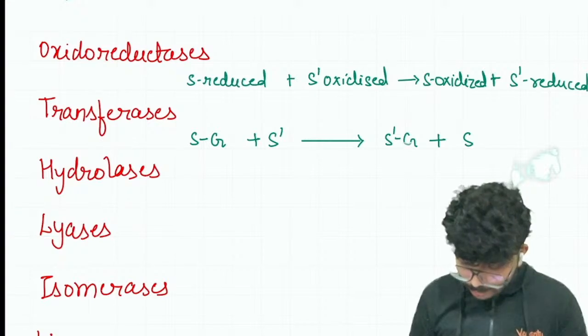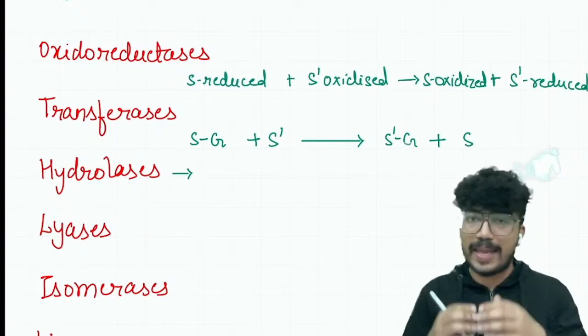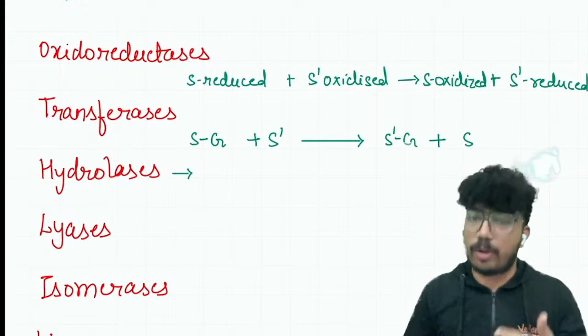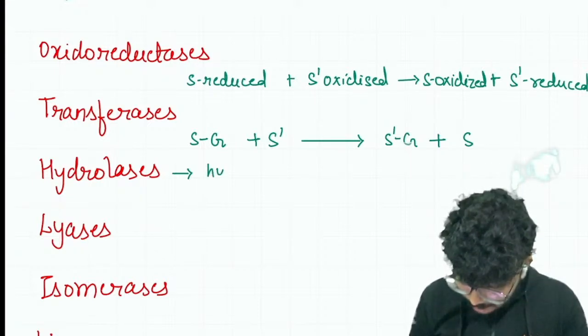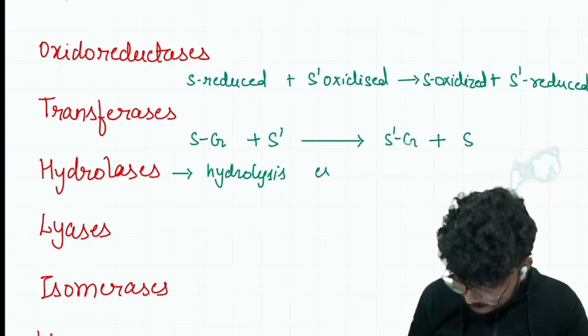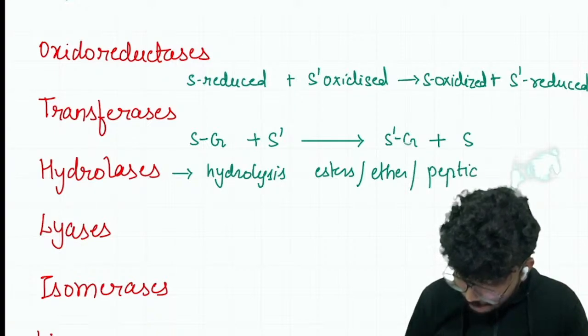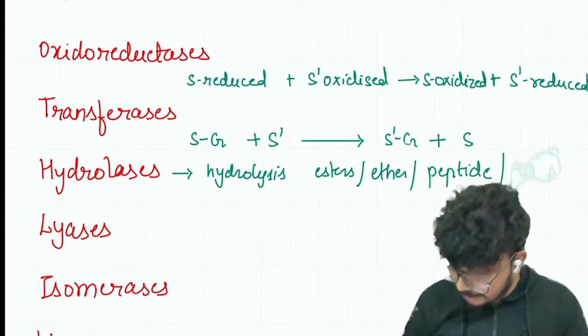So hydrolases cause hydrolysis of ester bonds, ether bonds, peptide bonds (peptide bonds are amide bonds only), and glycosidic bonds, etc.